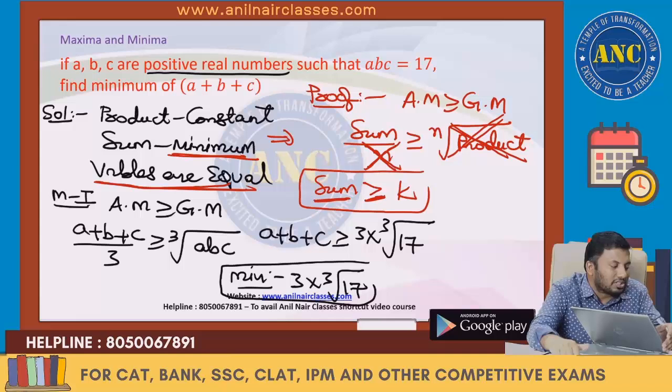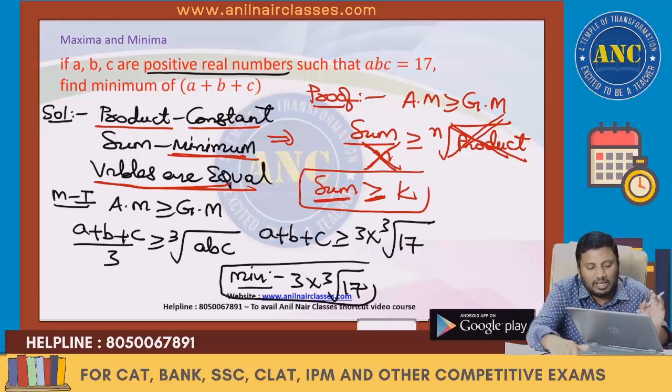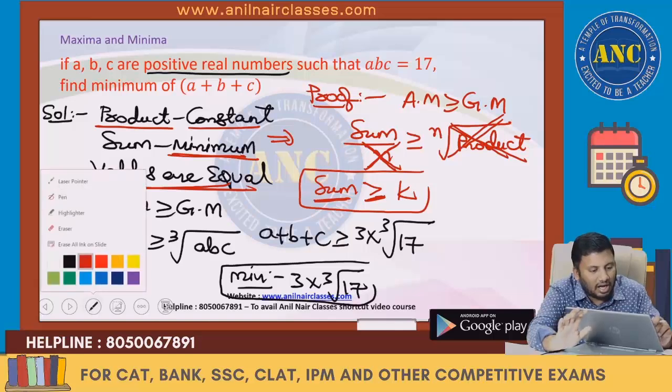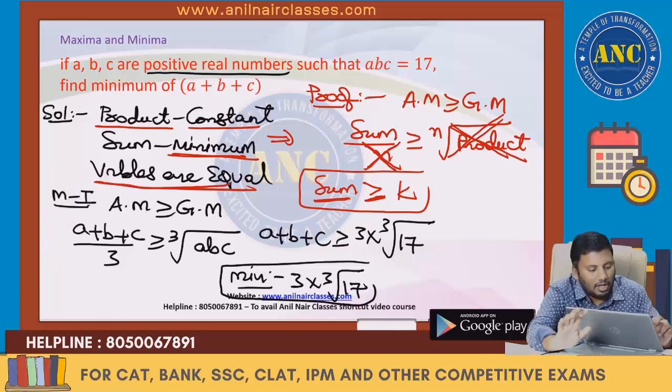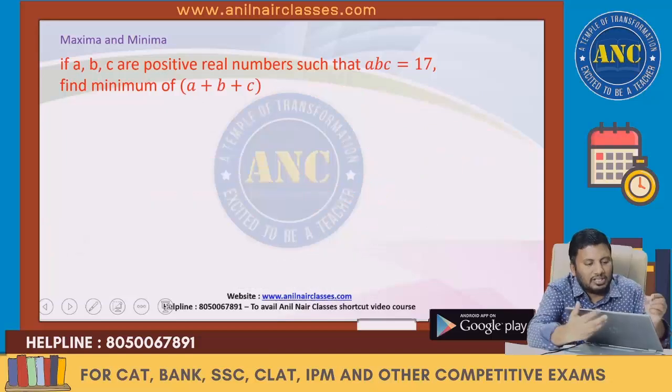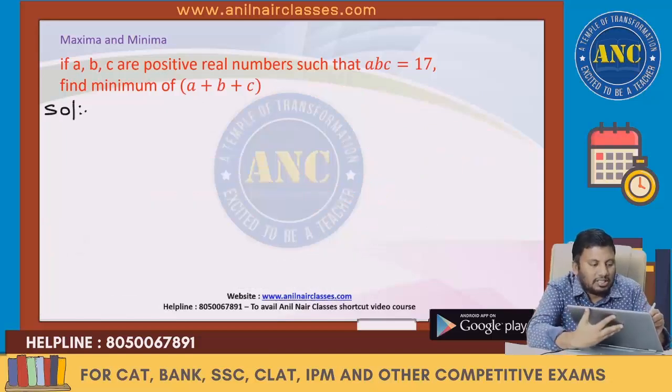When the variables are equal. When the product of the variables is constant, the sum will be minimum when the variables are equal. I hope you got the concept. 3 into the cube root of 17, or otherwise, in the morning class we discussed the solution. It is a symmetric function.